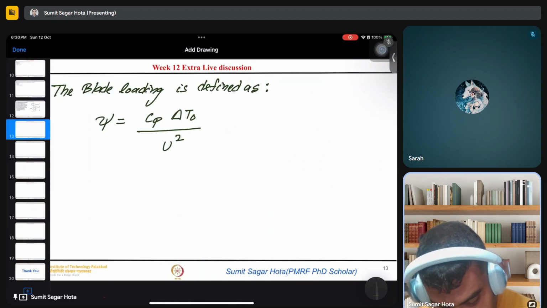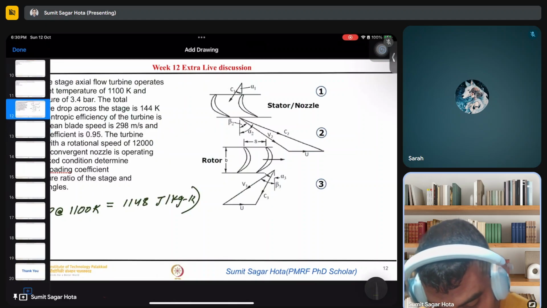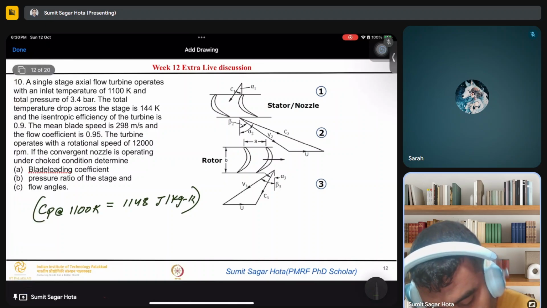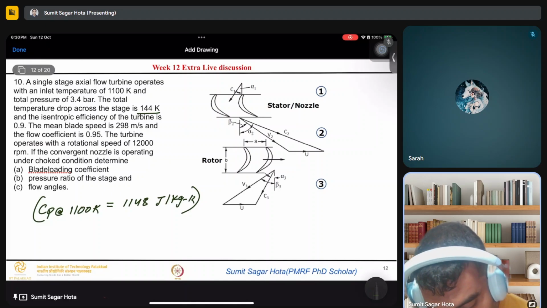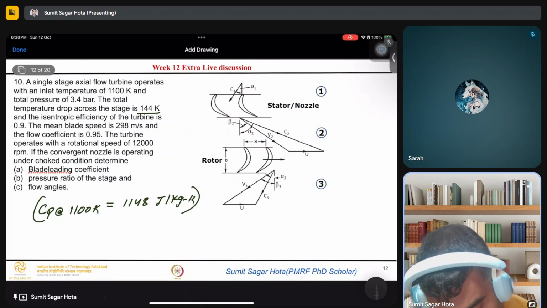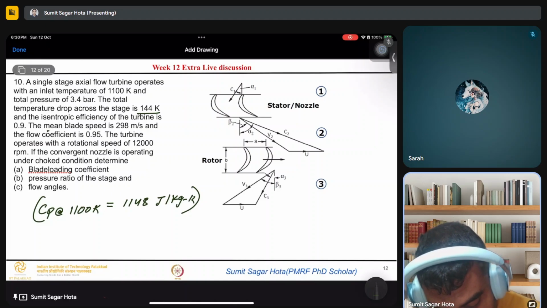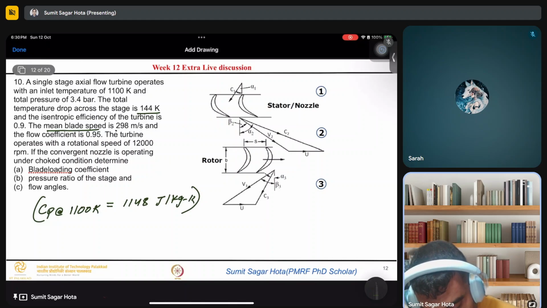And then the delta T is already given: the total temperature drop across the stage is 144 Kelvin, and the mean blade speed is 298 meter per second.